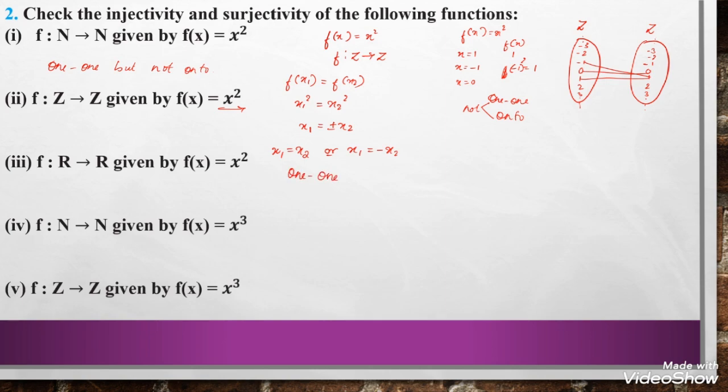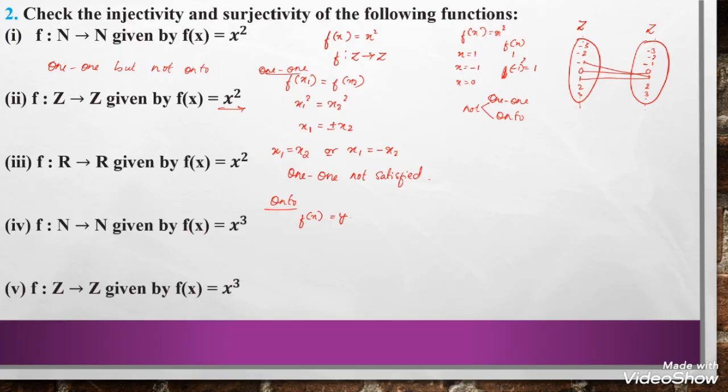So the 1-1 condition is not satisfied. Similarly for the onto condition, f of x is equal to y.